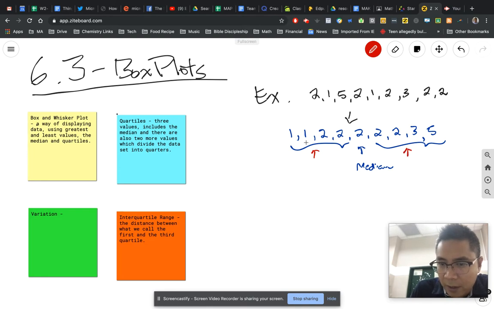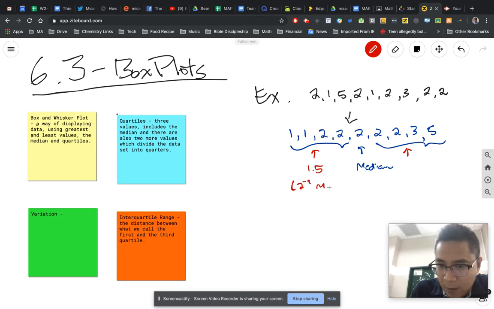If I look at these numbers, 1, 1, 2, and 2, what would be the median for that data set of 4? That would be 1.5, because there are only 4 entries, so I take the average of 1 and 2, which is 1.5. This is like a second median.